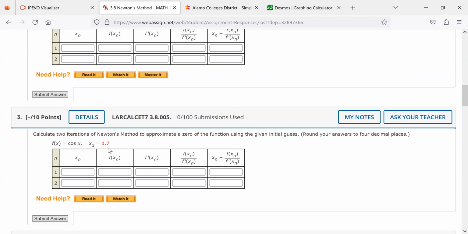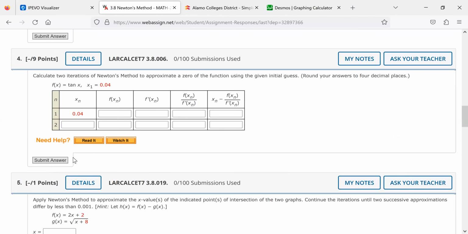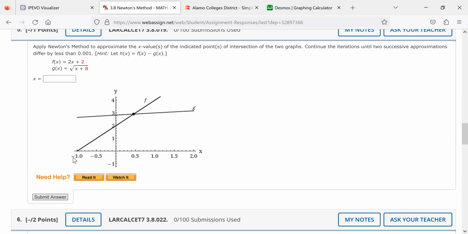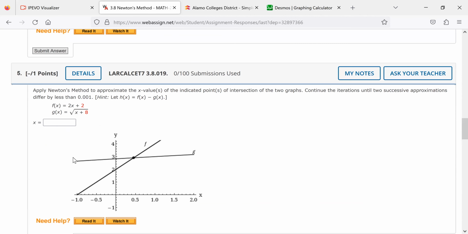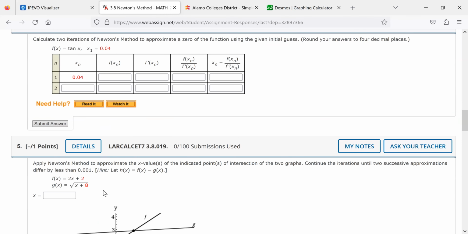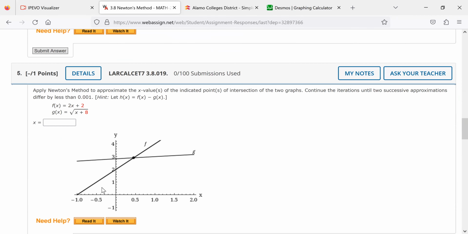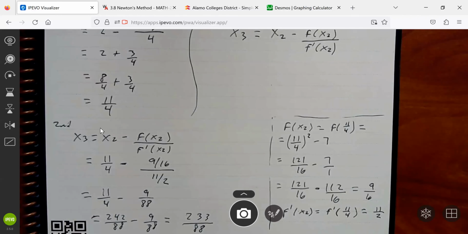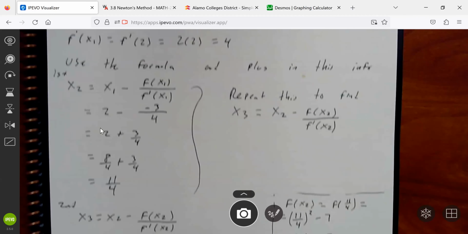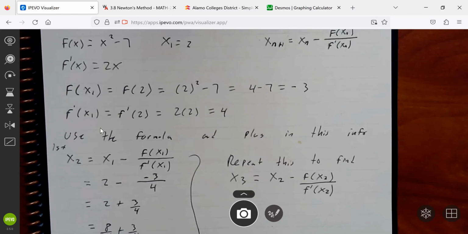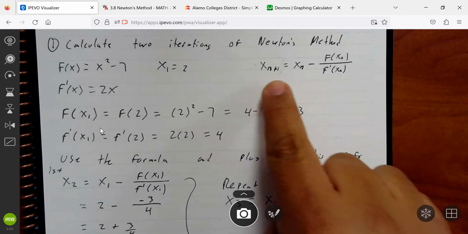Because the whole homework is the same. I'll pick something that's a little different. Let's do 5, because 1 through 4 is just repeating the same thing. It's just follow the formula. So you guys cool on the formula before I move on to something harder? Nothing on the first iteration or what these pieces mean? You guys okay.